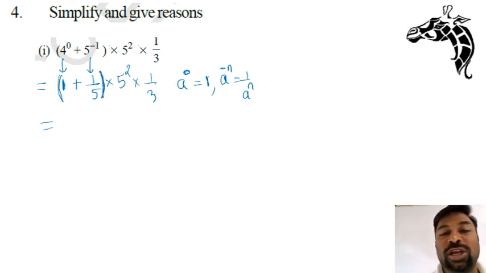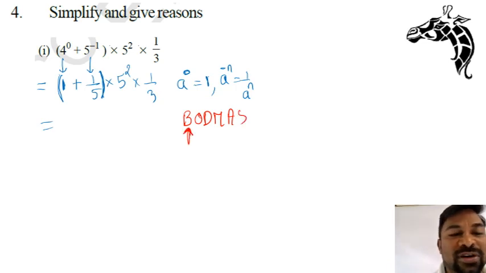So according to the BODMAS rule, we are supposed to simplify inside the bracket first. So this is the bracket we have. Yes, inside the bracket, let us simplify. That is the rule we are saying. Now, as we all know, whenever we have a numerator and denominator and we are supposed to add them, the simple way is taking the LCM.